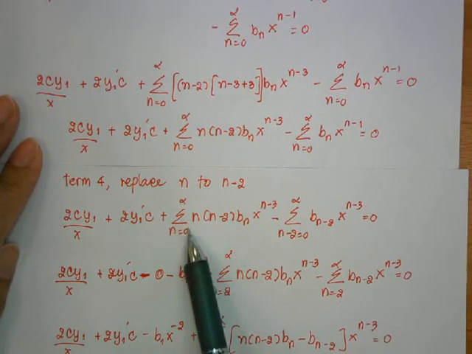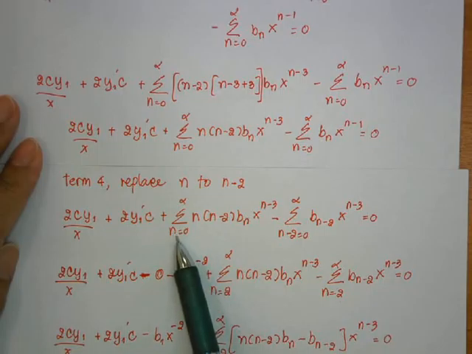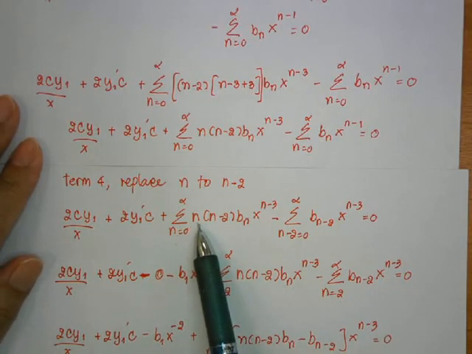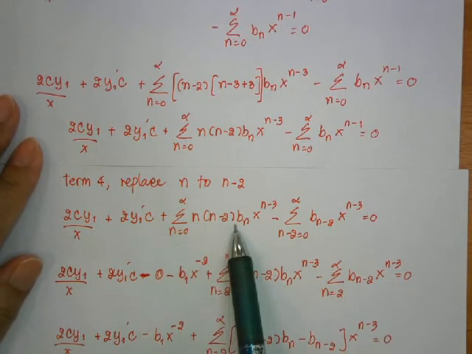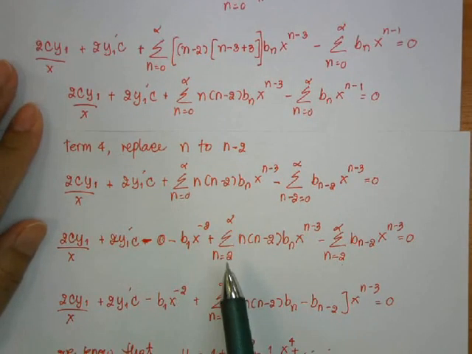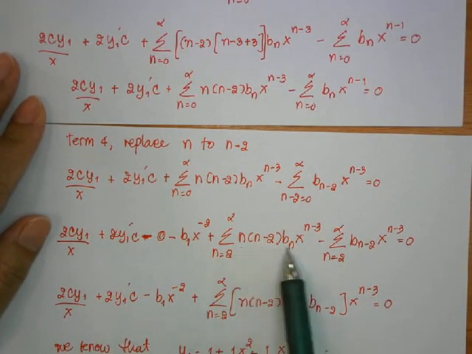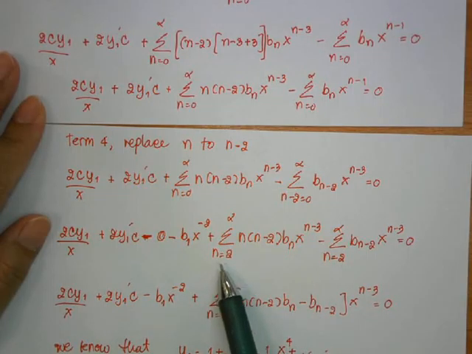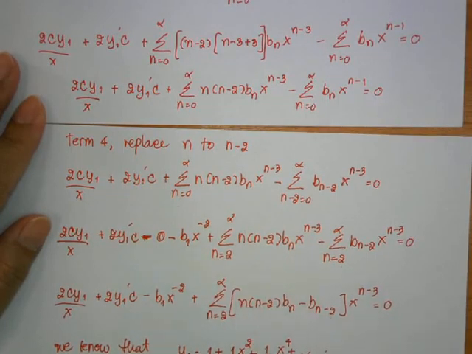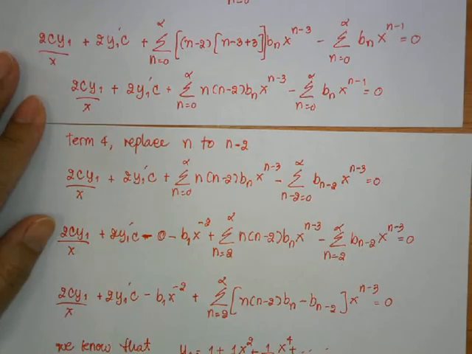That means we have to plug the values n equal to 0 and 1 into this term, and then the rest of the terms can be written as a summation starting from n equal to 0 to infinity. See, it's just a repeating process.